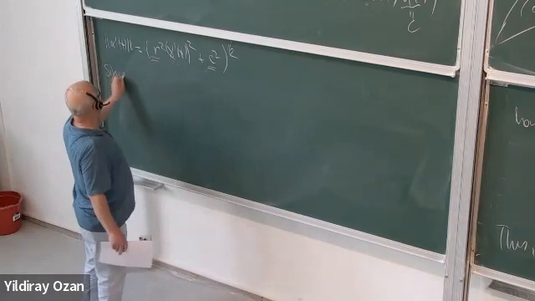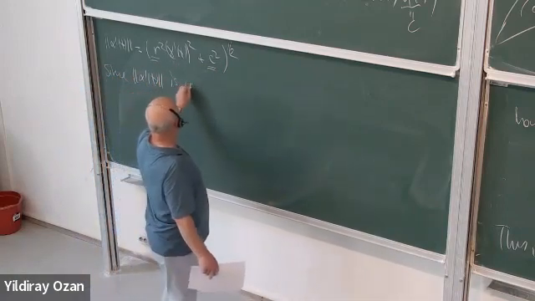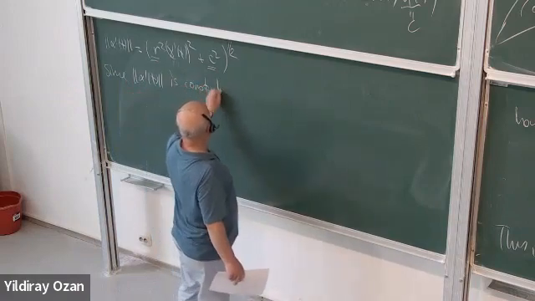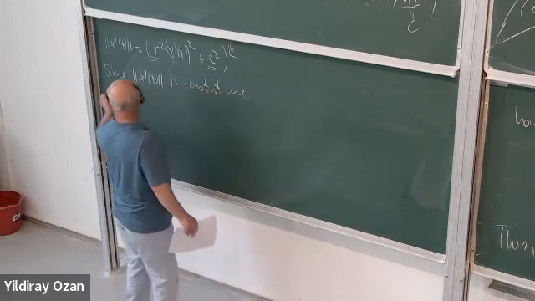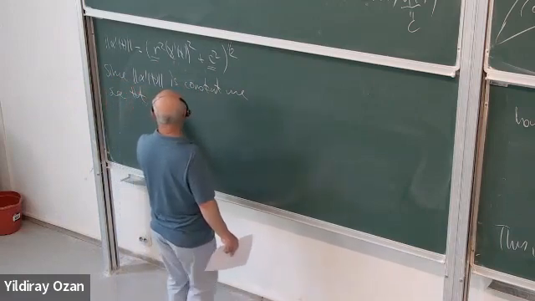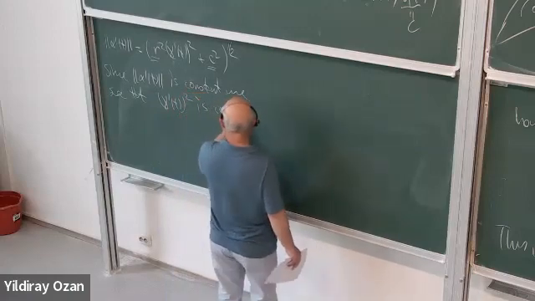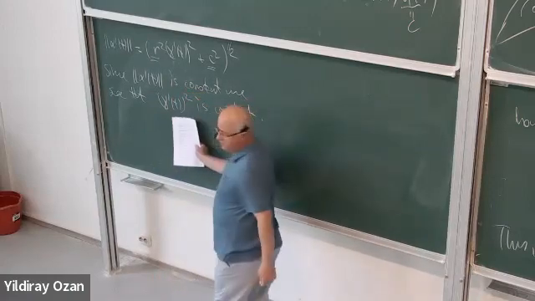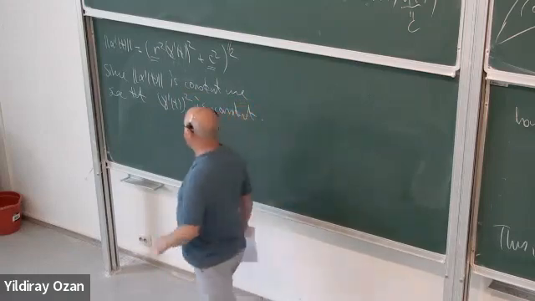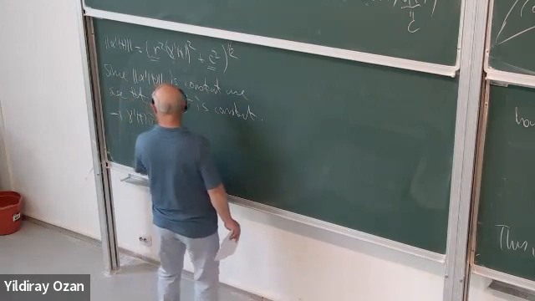Since it's constant, we see that alpha prime t squared is constant. This square is constant, hence alpha prime t is constant.